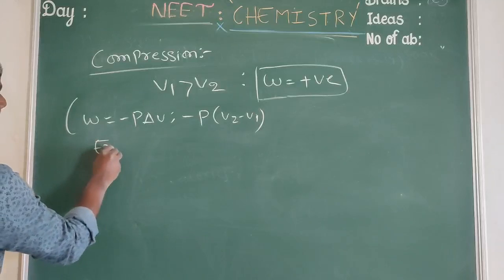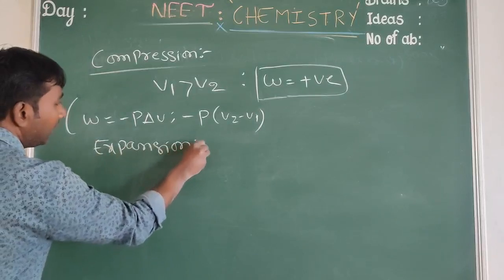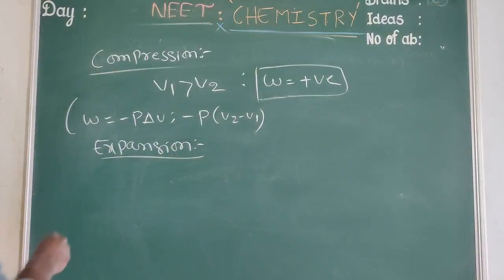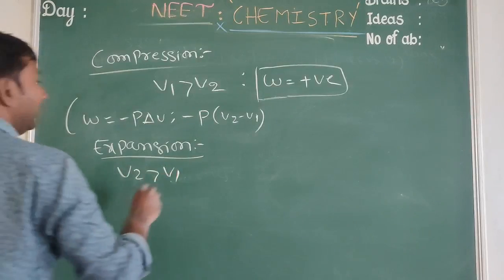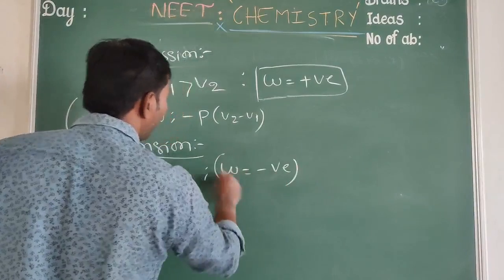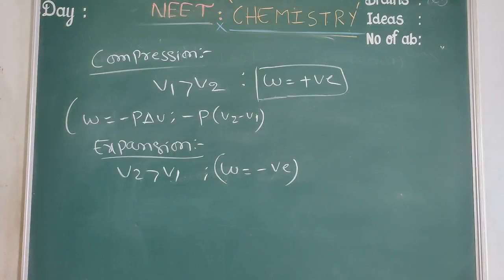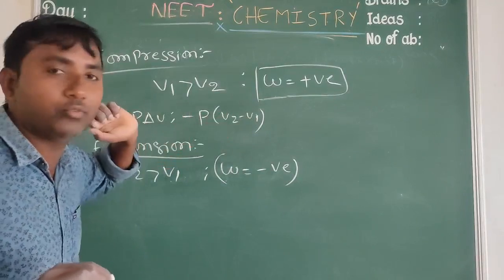Next, expansion means V2 is greater than V1. In this case, work is negative. The reason is work equals minus P into V2 minus V1.